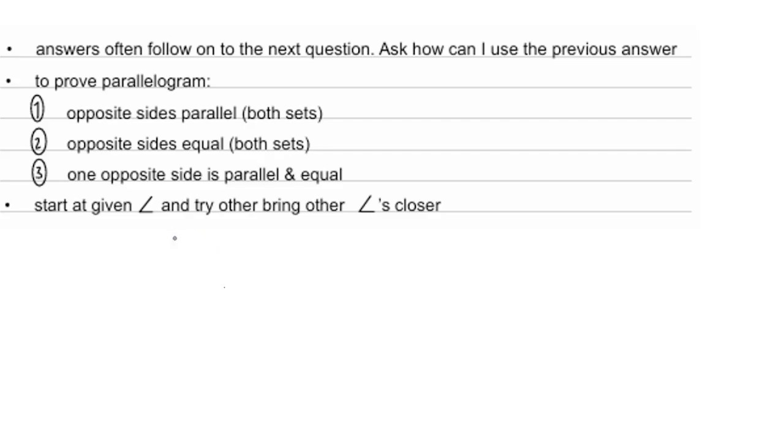For example, if you couldn't prove the first question and they've asked you to prove these two triangles are similar, then in your subsequent question, just start by saying, assume triangle STR is similar to triangle BTQ, and then continue from there.